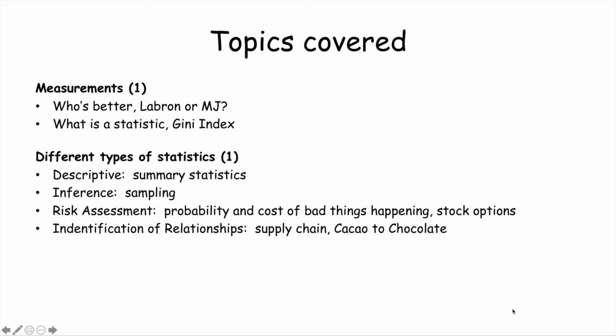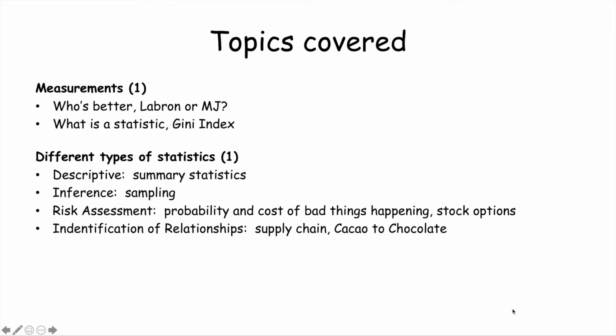We talked about identification of relationships, and we had this sort of crime scene investigators type picture where they have the storyboard and they're drawing connections or evaluating relationships between various entities. We used a supply chain, going from cacao to chocolate, and we discussed how different events at various related points can impact the end product.